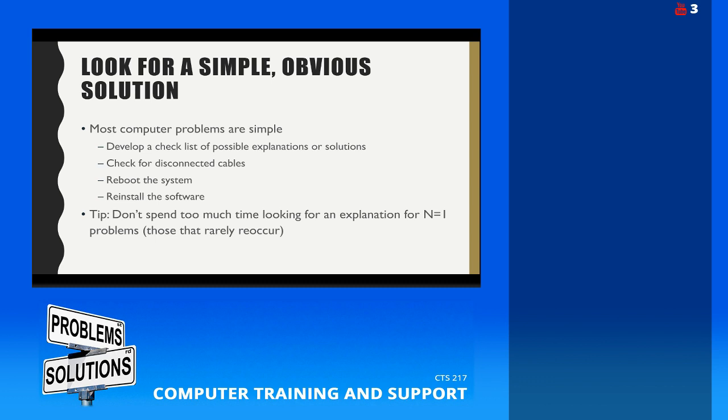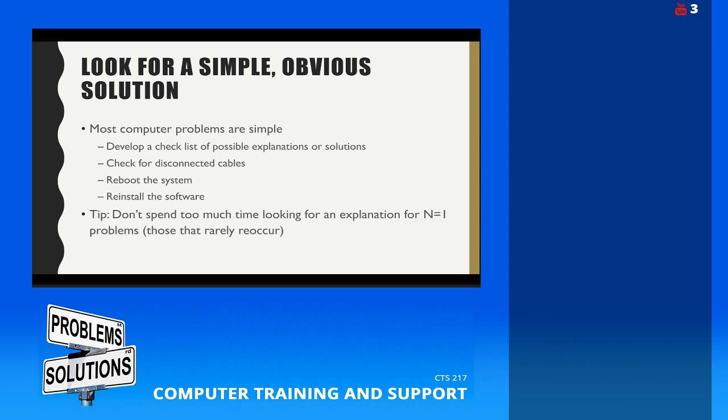But one of them is that we're looking for a simple and obvious solution, with the idea that most computer problems are simple. The majority of computer problems are not complex. They're easy problems that have just been caused by something that's a really simple, easy fix.